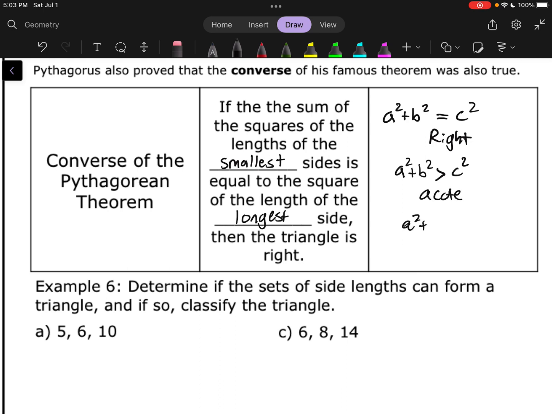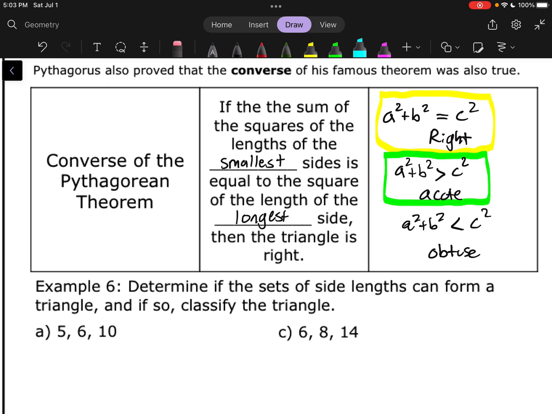And if a squared plus b squared is less than c squared, it is obtuse. Okay, so three different things here. If a squared plus b squared is equal to c squared, it's right. If the a squared plus b squared side is bigger, it's acute. And if the c squared side is bigger, then it is obtuse.